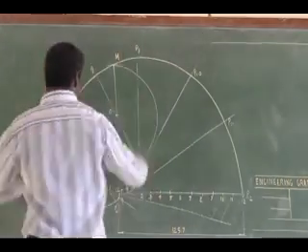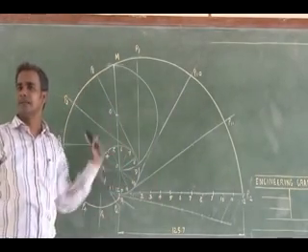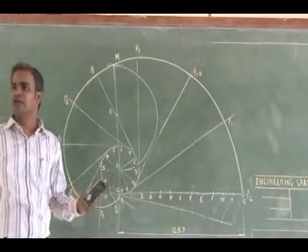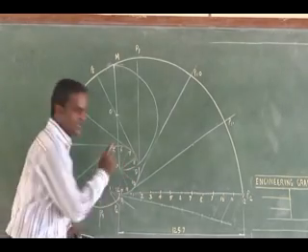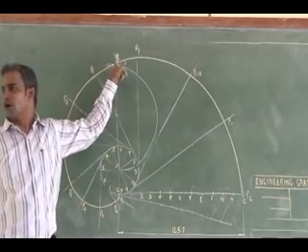See here, this semicircle intersects the original circle in between 8 and 9, where you have the actual point on the involute.